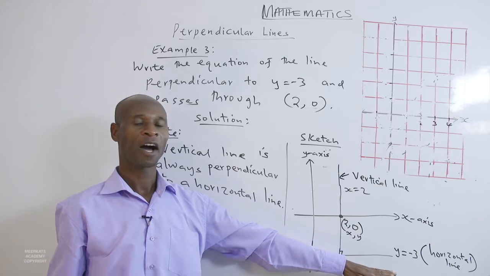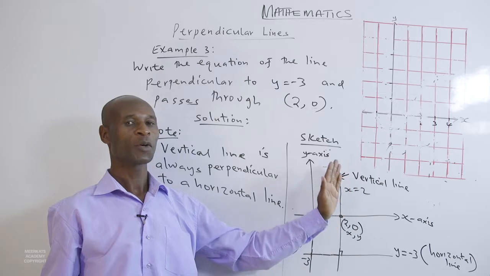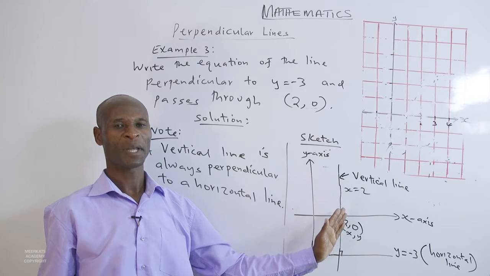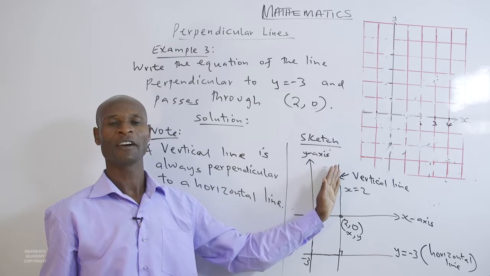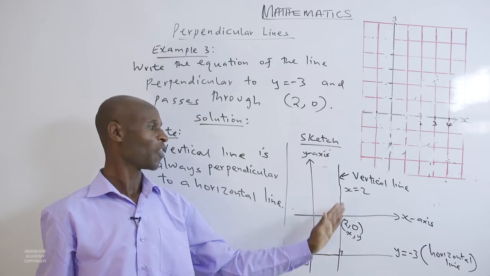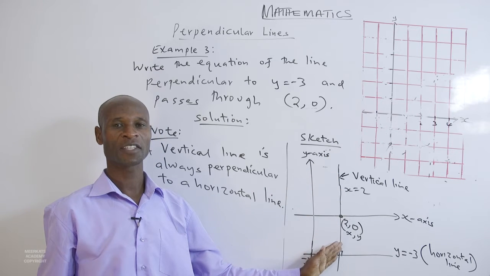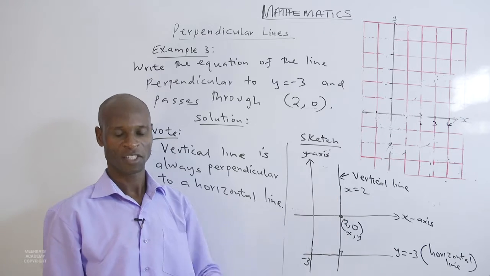So the moment you have a horizontal line, to get the equation of a line which is perpendicular to that horizontal line, we need to know that the line must be a vertical line for it to be perpendicular to the horizontal. And therefore, we only read the x value. In this case, the equation of the line will be x is equal to 2.